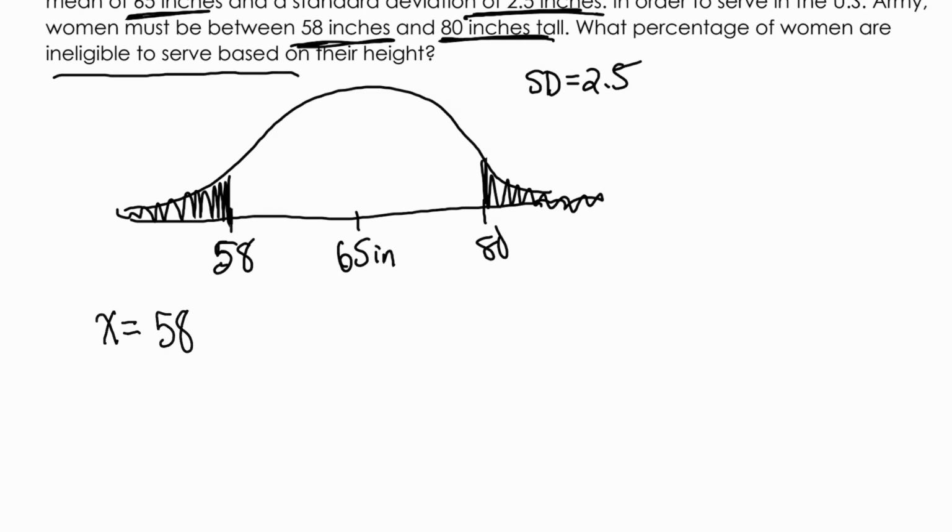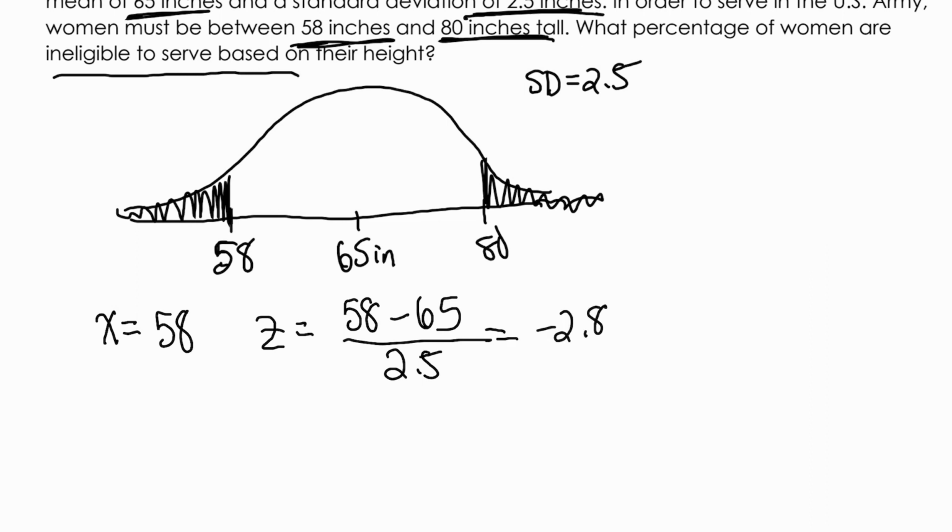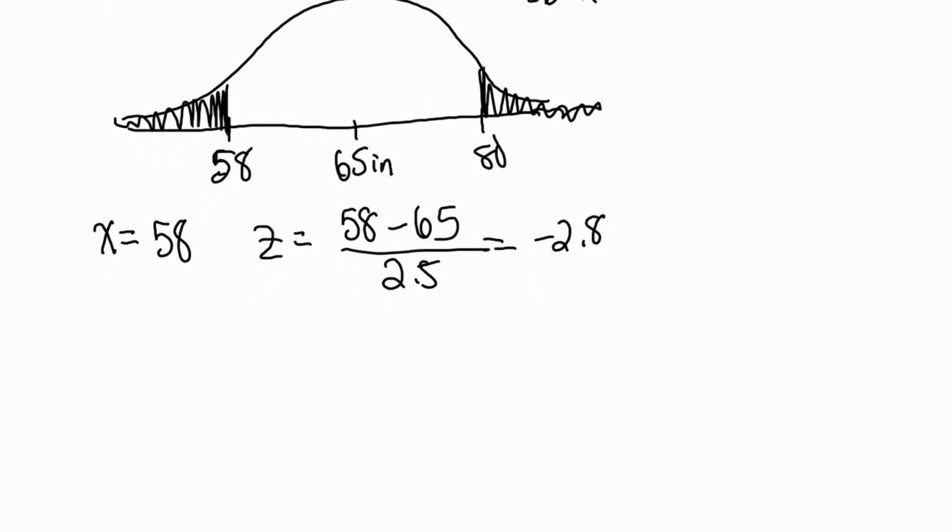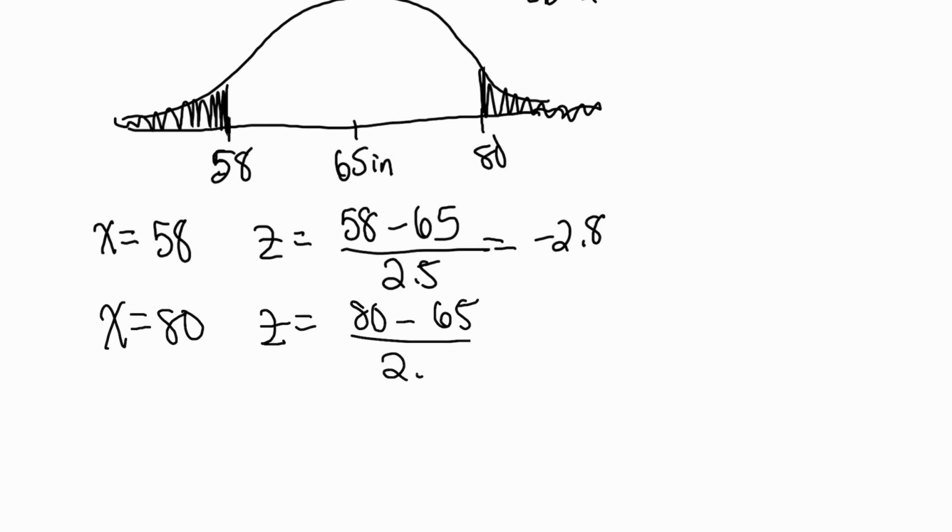So if x, our raw score, is 58, to find z, we're going to take 58 minus the mean and divide by the standard deviation. And that gives us a z-score of negative 2.8, almost 3 standard deviations away on the left. For the raw score of 80, to find our standard score, we would do 80 minus our mean divided by 2.5, and we're going to get 6.